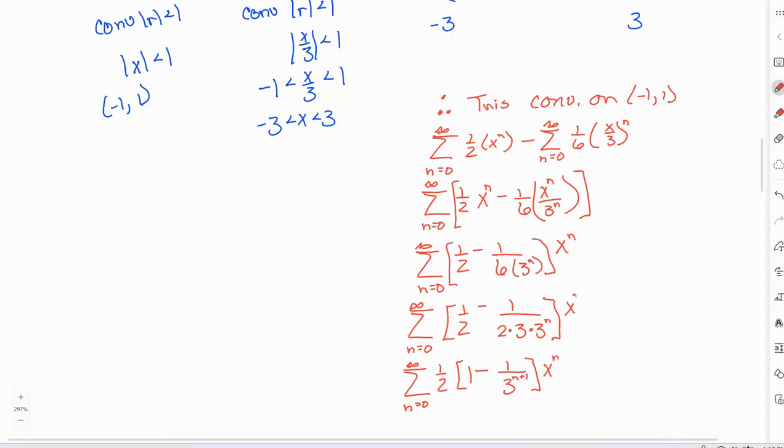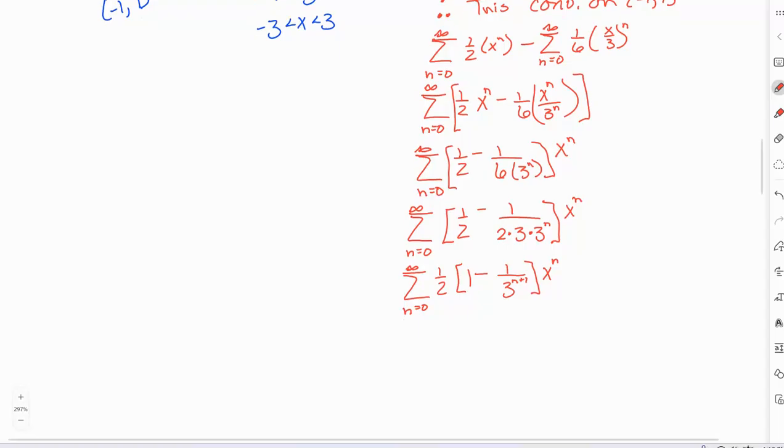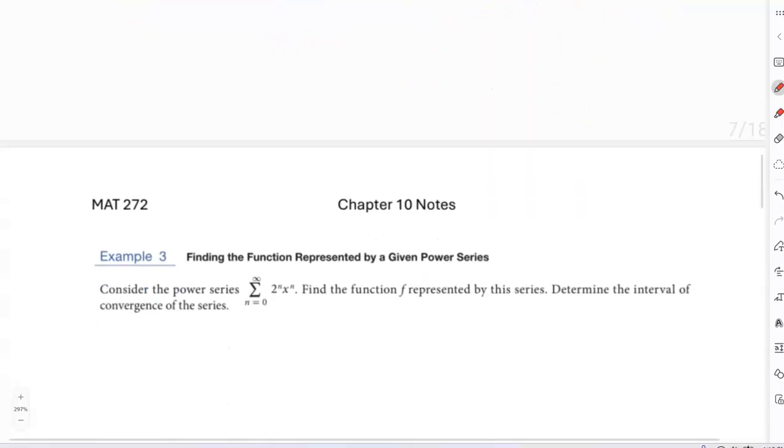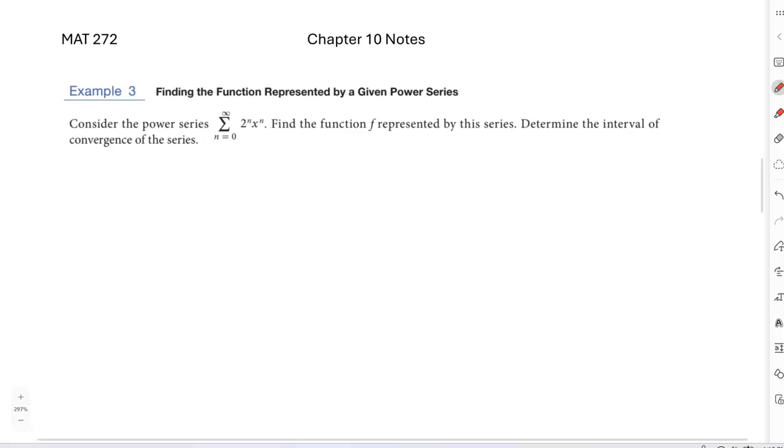Let me fix my notation there. So this is 1/2 times the quantity 1 minus 1 over 3 to the n plus 1, times x to the n. So there's lots of ways we could write and simplify these. Let's look at the next example.